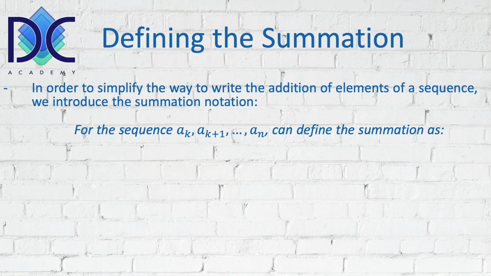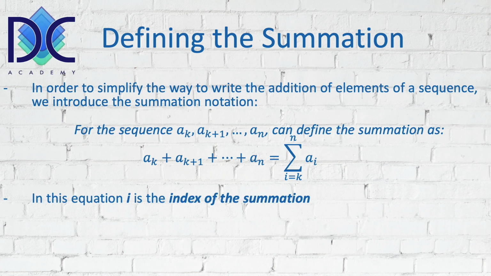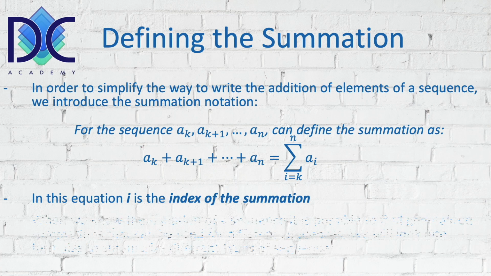Then we can define the summation as the sum of a_k plus a_(k+1) plus up to a_n, which is equal to the summation sign of the terms a index i, starting from i equal to k up to n. Now, the letter i is the index of the summation.